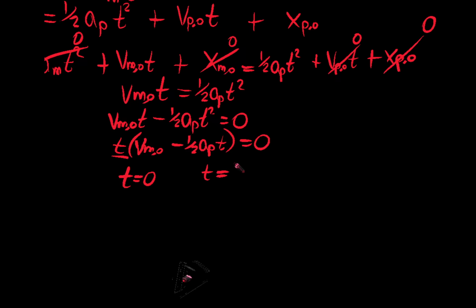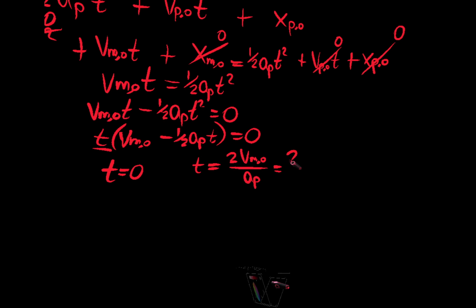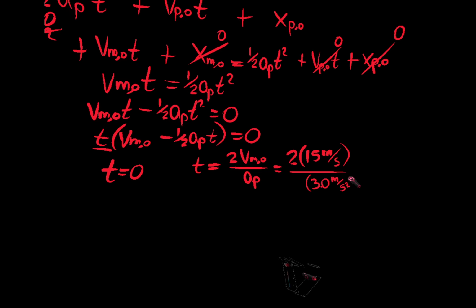T is equal to 2 Vm naught divided by AP. Right? And if you plug that in, you get 2 times 15 meters per second, divided by the acceleration of the policeman, which is 3.0 meters per second squared.